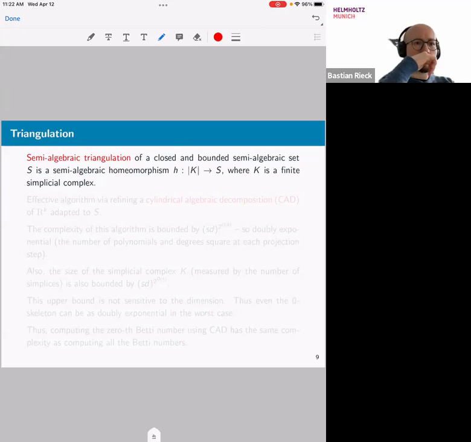It is a well-known theorem in semi-algebraic geometry that every closed and bounded semi-algebraic set admits a semi-algebraic triangulation, meaning that there exists a finite simplicial complex K and a semi-algebraic homeomorphism h from the polyhedron of K to S. And once you have such a K, which is a finite simplicial complex, computing the topological invariants of S boils down to computing those of K. For example, computing homotopy groups or the Betti numbers boils down to dealing with a finite simplicial complex.